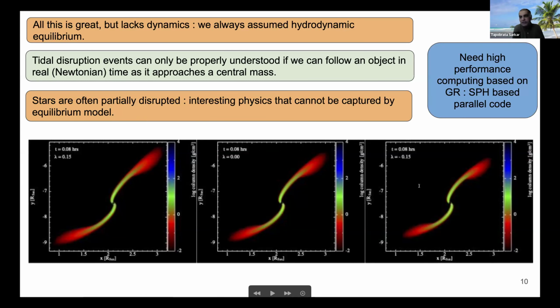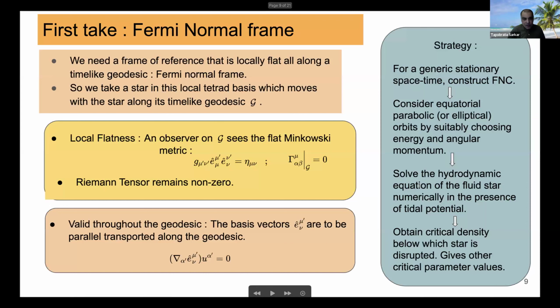Complicated in the sense that, as I said, in the Fermi normal system of the last lecture, you have the observer on the star who sees a flat Minkowski metric and deals with the hydrodynamic equation in the Newtonian limit in the presence of some tidal potential.